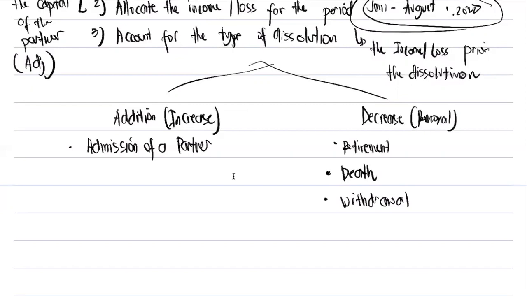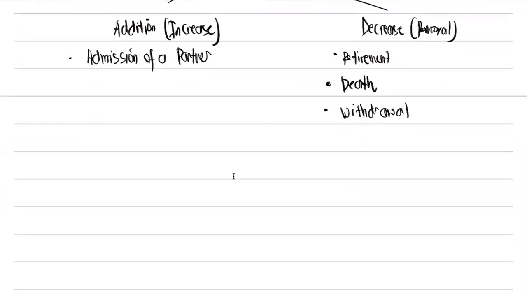This type of withdrawal is a permanent withdrawal, meaning you disassociate yourself already from the partnership business. So one partner disassociates himself from the partnership business. So aalis na talaga siya. That is withdrawal. So take note, whether it is retirement, death or withdrawal, we account the same way. For your admission of a partner, we account for it the same way. Okay? So you start first with your admission of a partner.